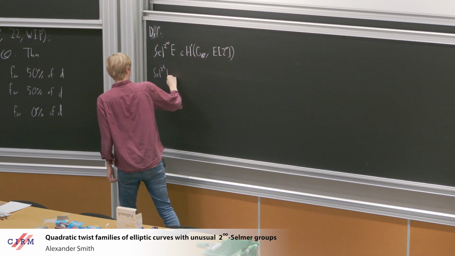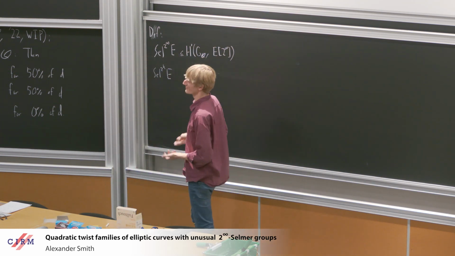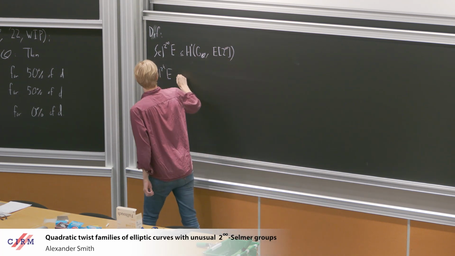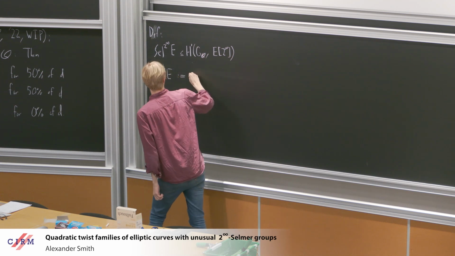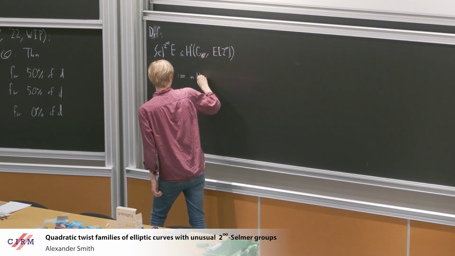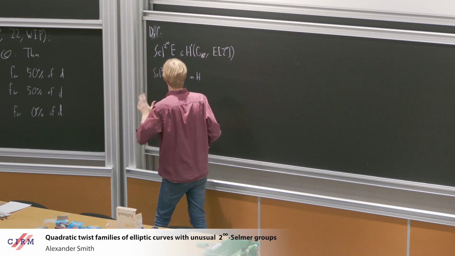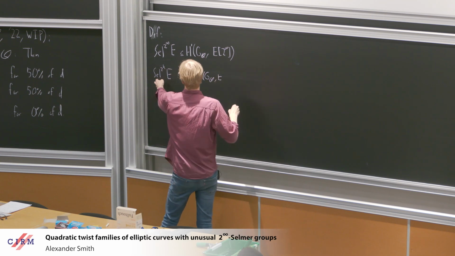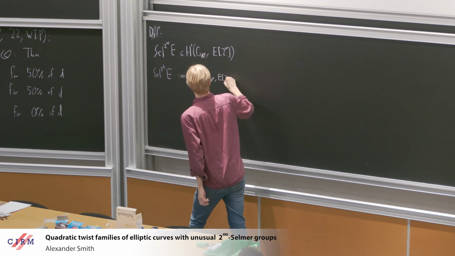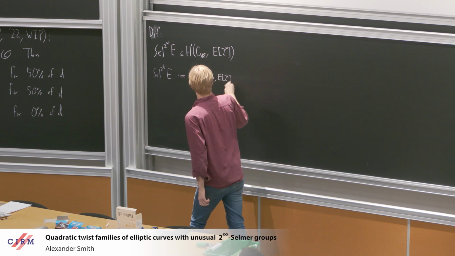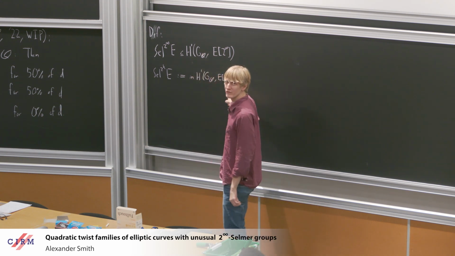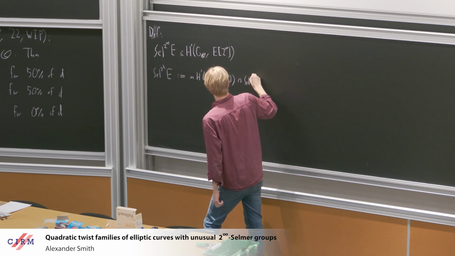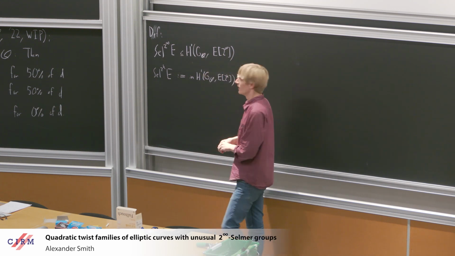It doesn't really matter what the object is, but we do want to study what its statistics look like. I'm also going to make a bad definition, and I'm sorry about it, but it really makes things a lot easier. It prevents three headaches to do things this way. So I'm going to talk about the 2^k Selmer group, and this is going to be the intersection of the image of H^1 for E[2^k] with the 2-infinity Selmer group of E. This is non-traditional.